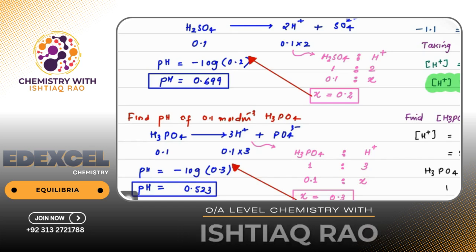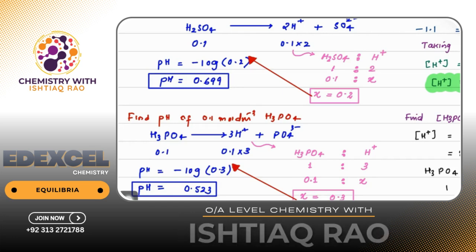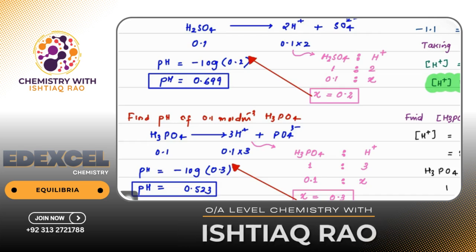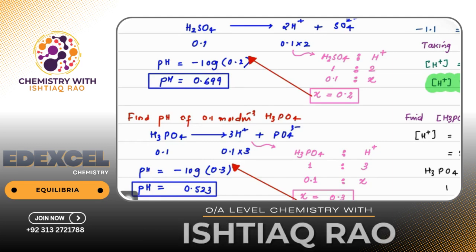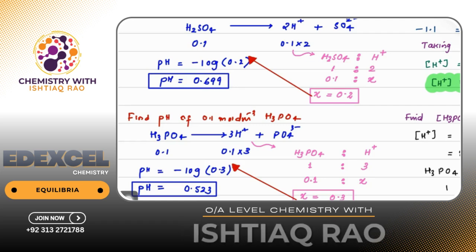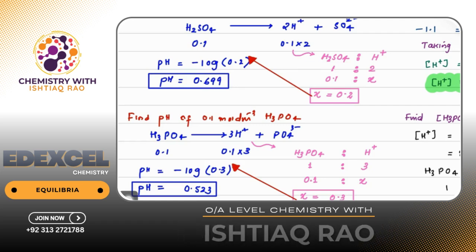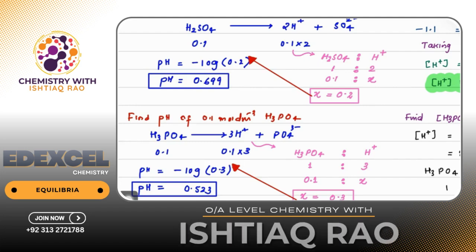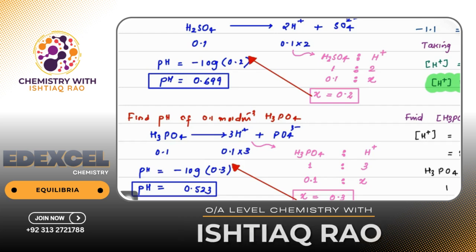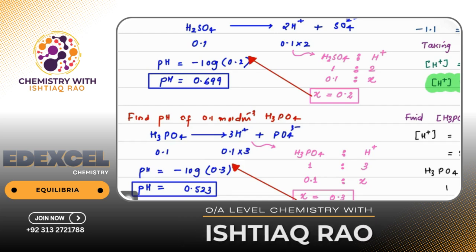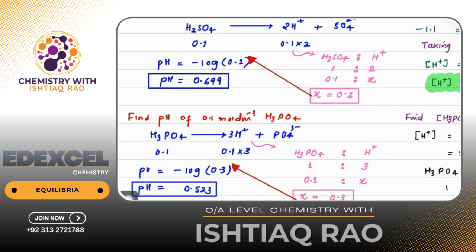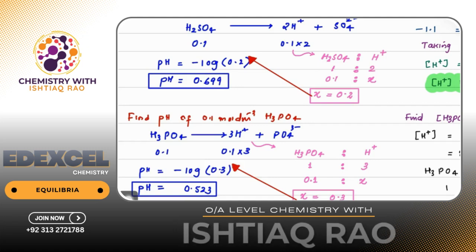What if the pH is given to you? I'm going to do reverse calculation. What if the pH is given to you and he is asking you to find out the concentration of H positive ion?